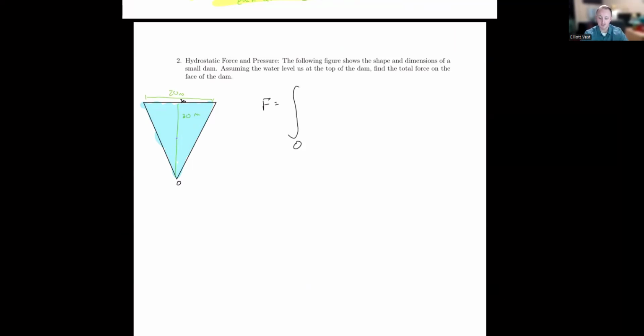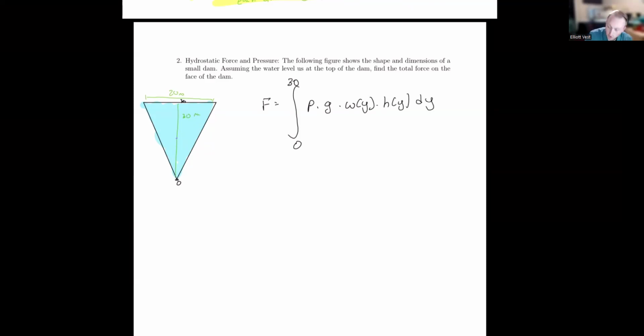The bottom of the dam starts at 0. If we create an origin right here, the top of the dam will be 30. We have a density of water, we have a gravity, we need a width function, and we need a height function, dy. And we're doing y's in this case.